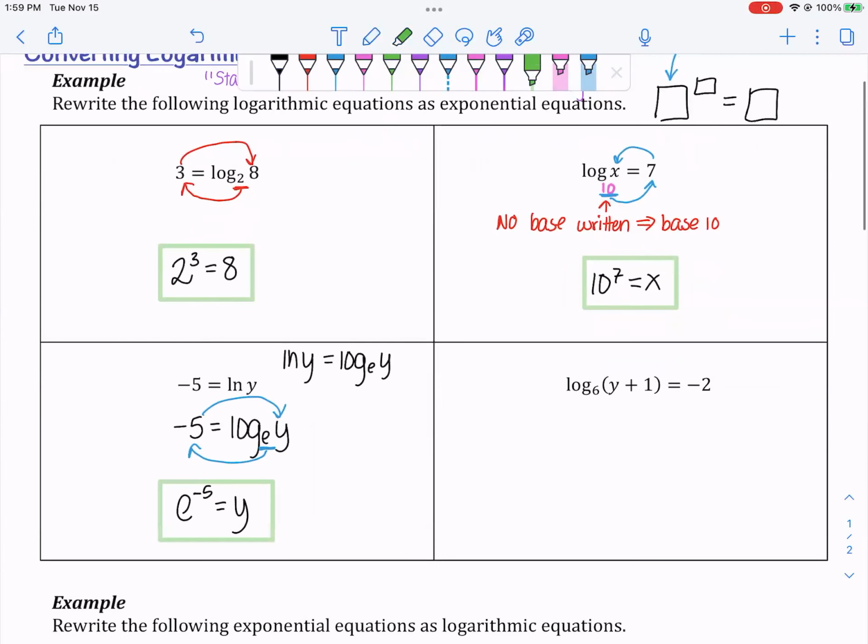For this last one here, the base is 6, so we have 6. Across the equals, raised to the -2, and back again is equal to y plus 1.